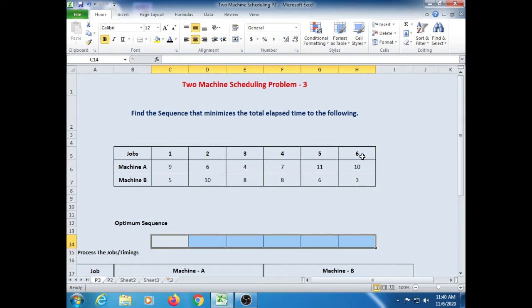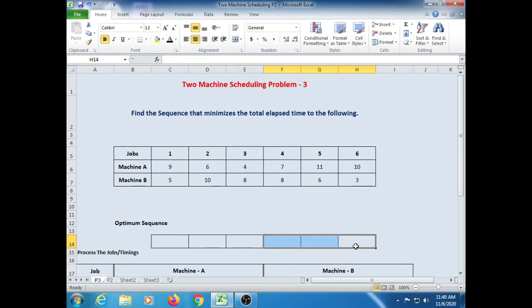This is related to machine B, and for any processing time related to machine B, we have to place that job from right to left side in the optimum sequence.